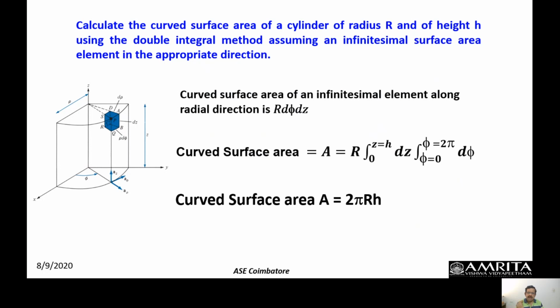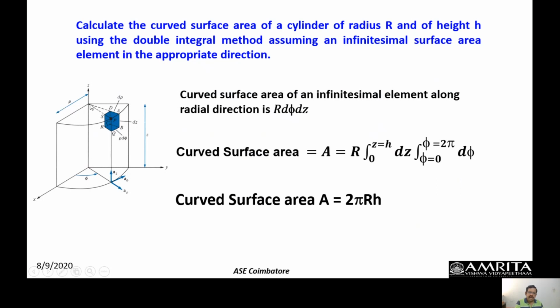However, I need to understand, because there are three surfaces as we discussed for any three-dimensional object. It could be radius constant, r plane, which will be rho plane in this case, then phi plane, and then z plane. So depending on which is constant, because we are talking about curved surface area, I can also ask you to calculate the surface area of this cross section of a cylinder, which is a circle.